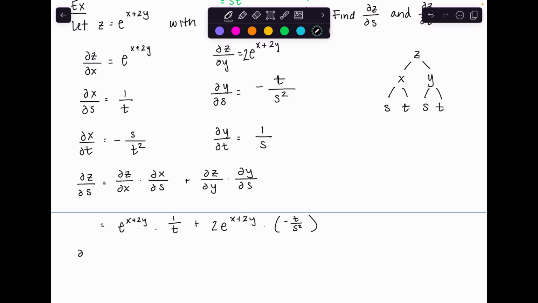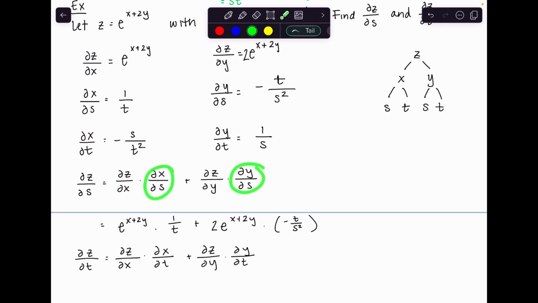Then for the next partial, with respect to t, we do the same thing, but now anywhere I see an s, it's getting replaced by a t. So really not much changes except for these two pieces.